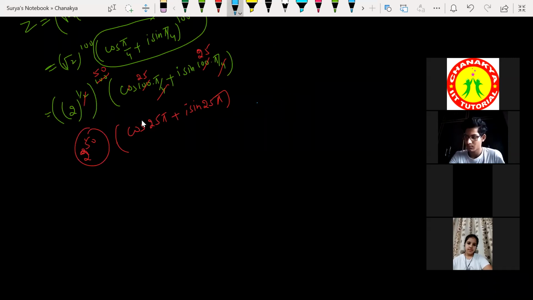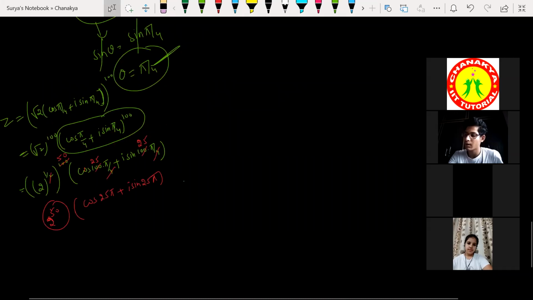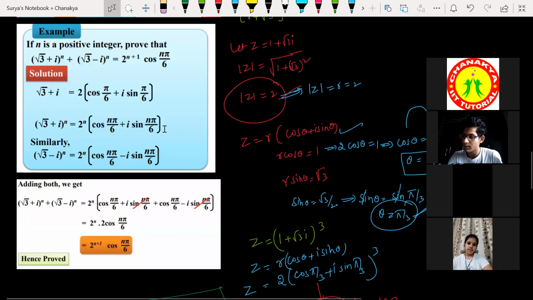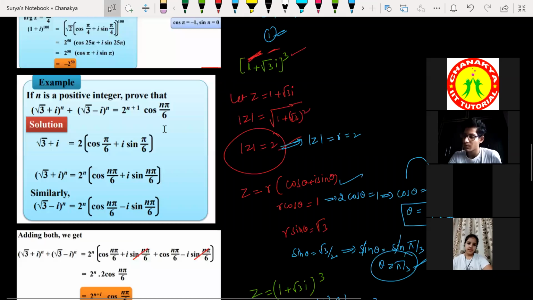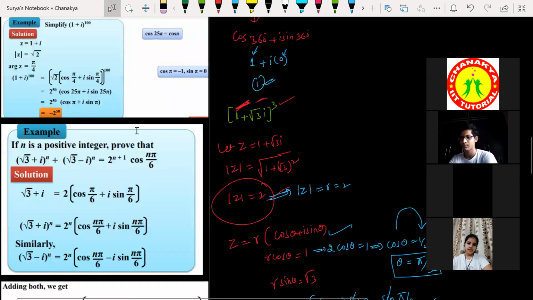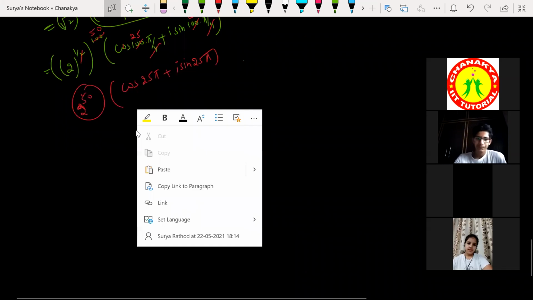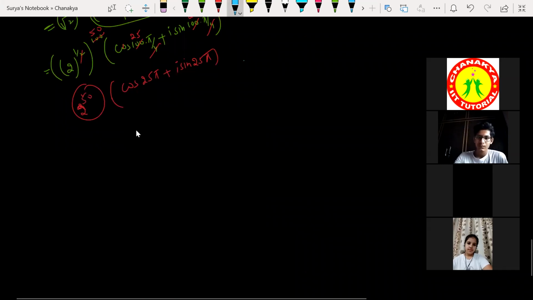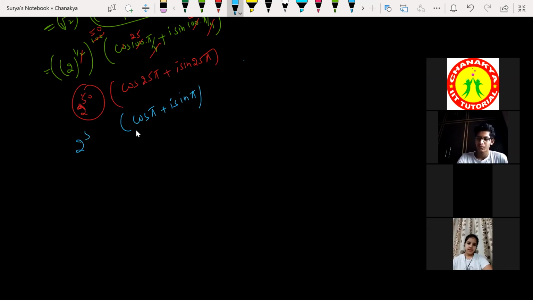So 2 to the power of 50, cos 25 pi can be written as cos pi, plus I sin pi. Cos pi is minus 1, plus 0. So minus 2 to the power of 50 is my answer.